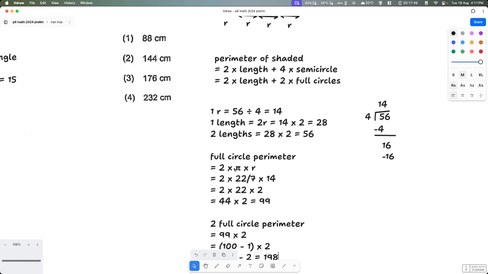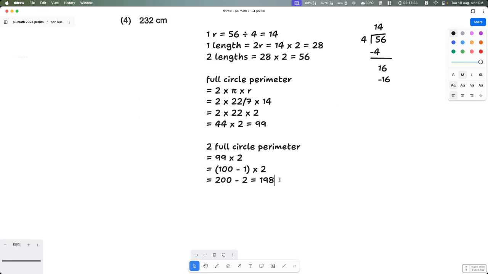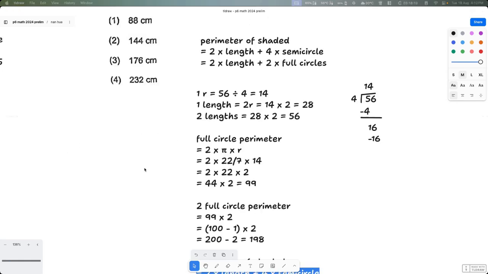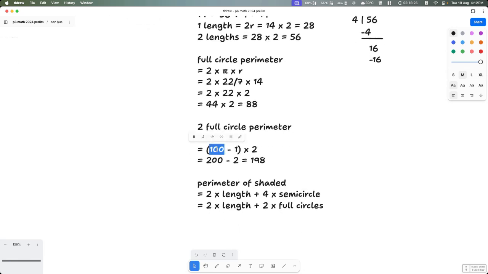Right now we just need to get the perimeter of the shaded area. Oops, I got something wrong here. Give me a second. This is 88, so this should be 88 instead. So 2 times 88 is 180 minus 4, which is 176.